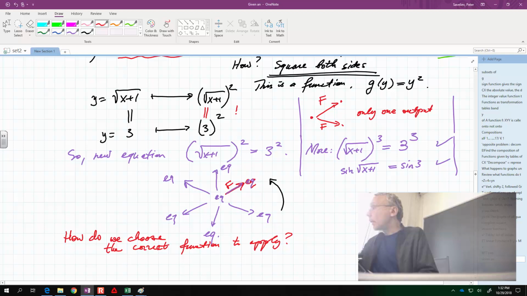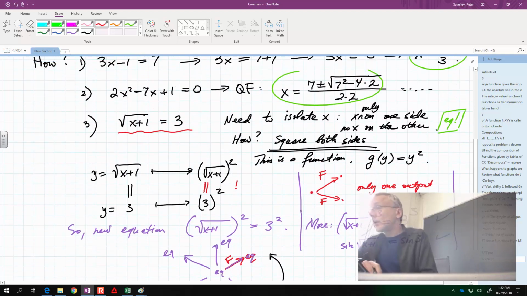Well, you can probably explain why this choice that was made was a better choice than these two. See, these are also choices that produce new equations, but they were unwise. Why did you choose to square it?